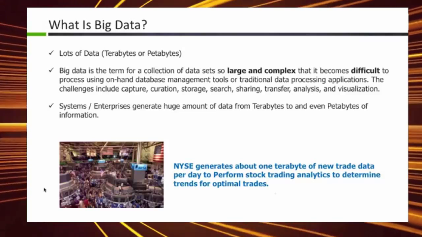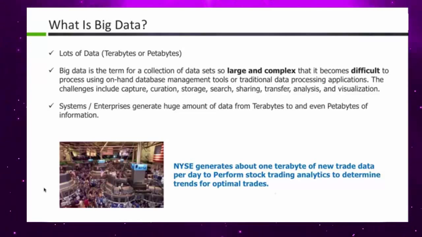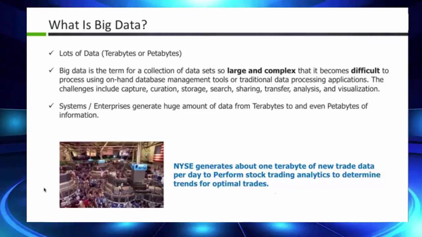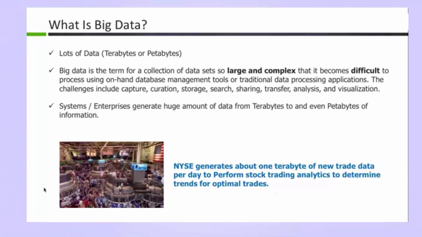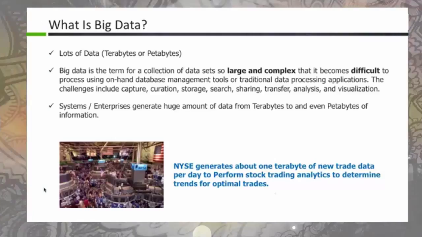Now there are various applications, various places where you will find this data. Mostly the data which we deal with when we talk about big data is unstructured data. What is the difference between structured and unstructured data? Anyone can answer that? Okay, structured has rows and columns.